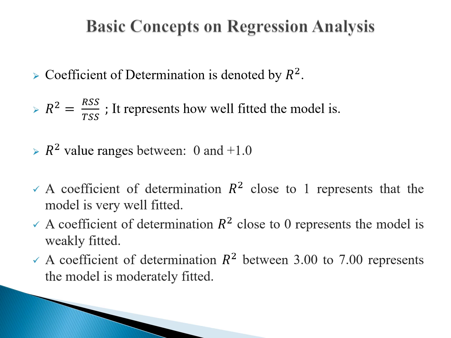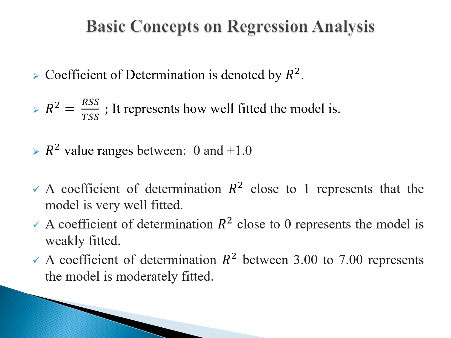By the model, I'm simply referring to the estimated regression equation line that we have already set, and whether the x variables are going to represent the y variables correctly or not. In order to understand that, we take into consideration the value of R square. Now the value of R square ranges between 0 and positive 1.